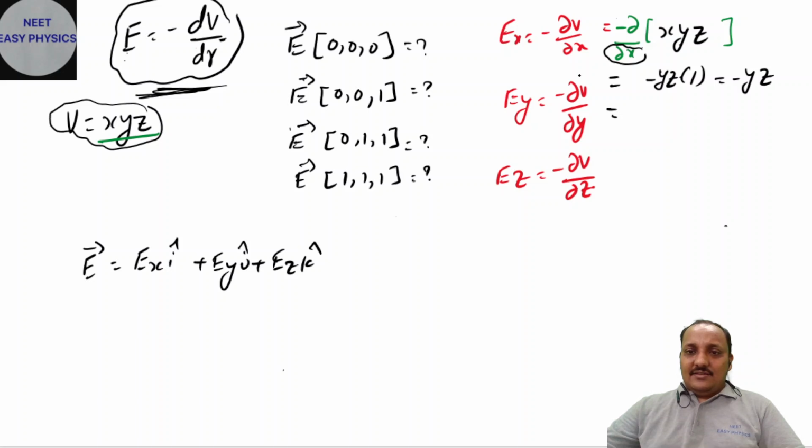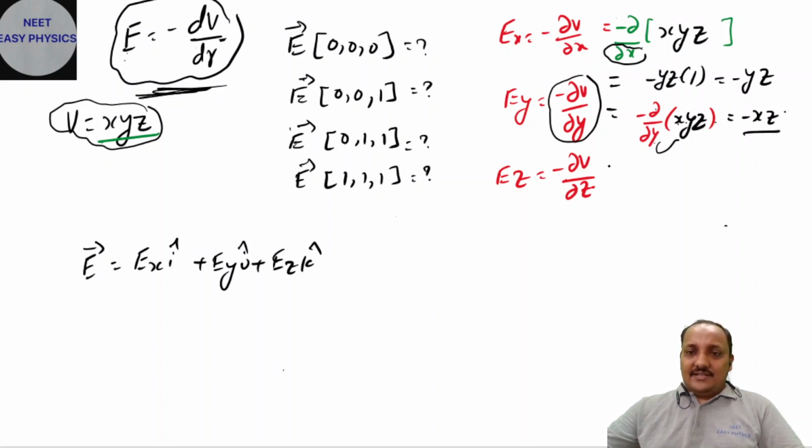Same like that, what is minus dou V by dou y? Again minus dou by dou y of V, which is xyz. Now we are differentiating with respect to y, therefore you have to keep xz constant. Minus xz dou y by dou y, which is 1.